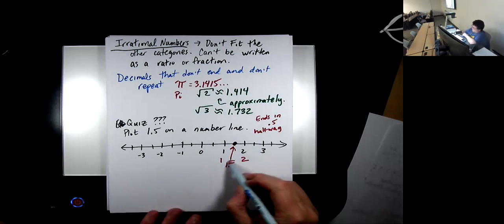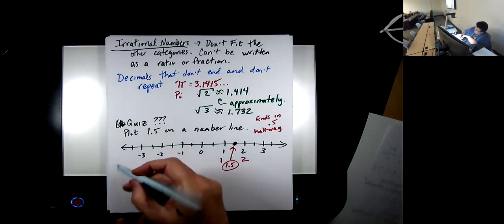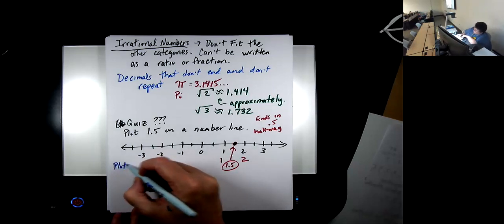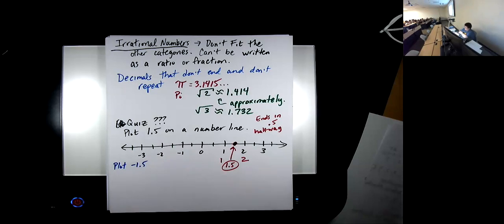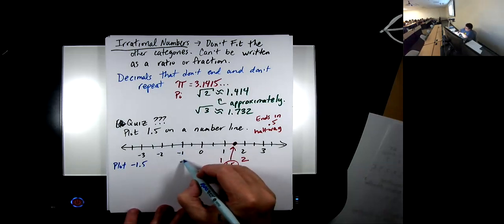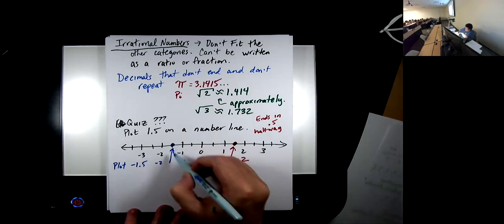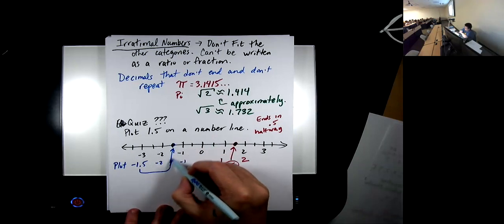So we plotted 1.5. If they ask you to plot negative 1.5, it's also halfway between two numbers, but between -1 and -2. So there's -1, there's -2, halfway is right there. That's -1.5.